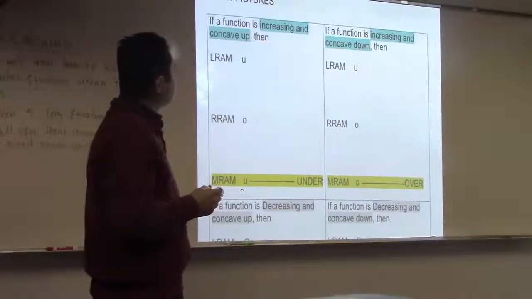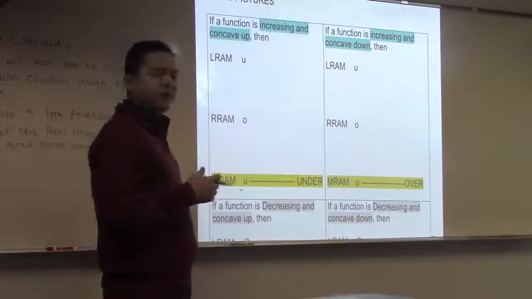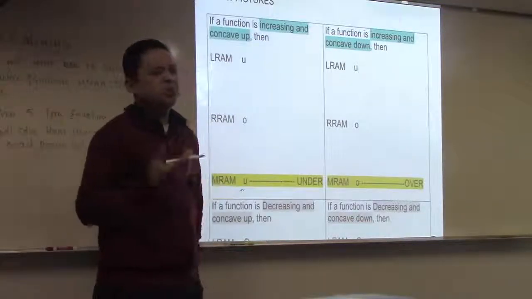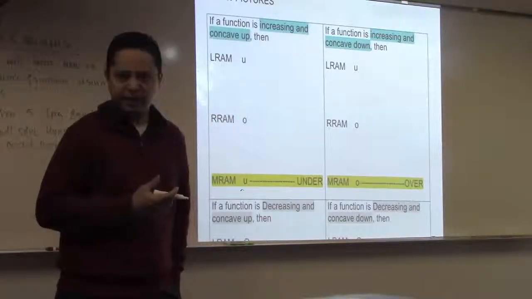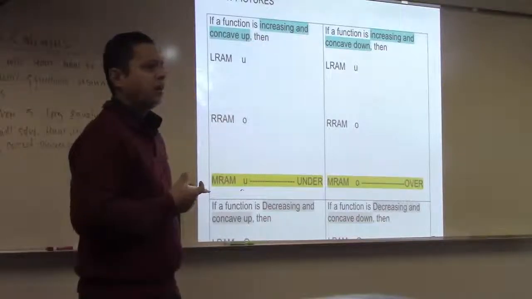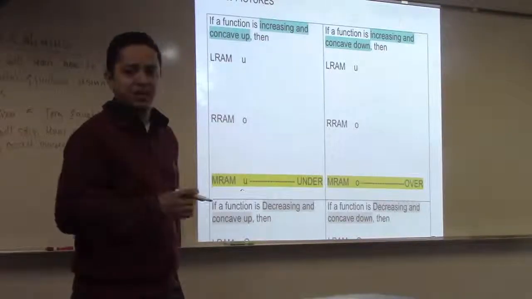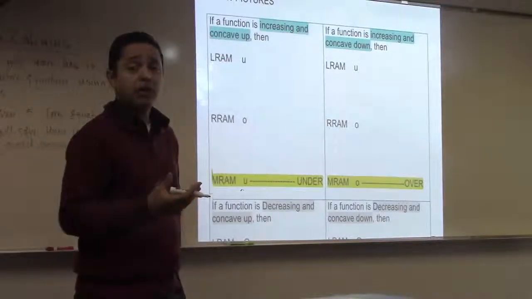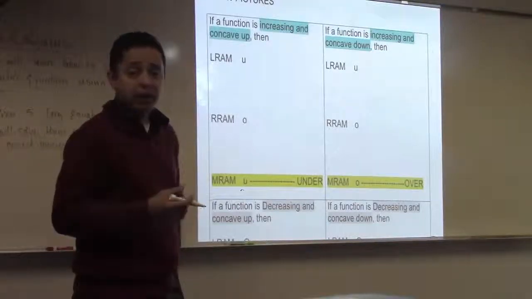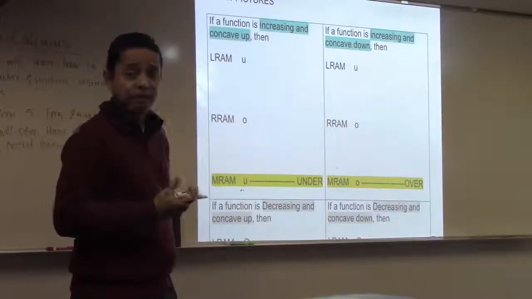It's quite a bit of things to remember, but you don't have to memorize stuff like this. You can just do a quick sketch of the graph that you're going to be working with, and then sketch the RAM that you're working with, and then the answer will be there, right?